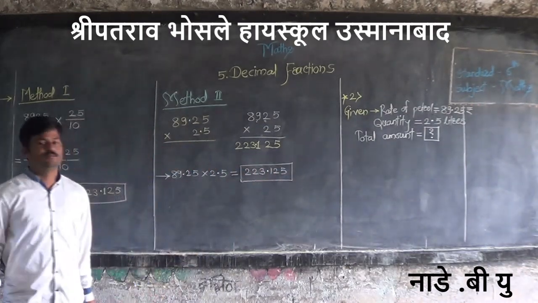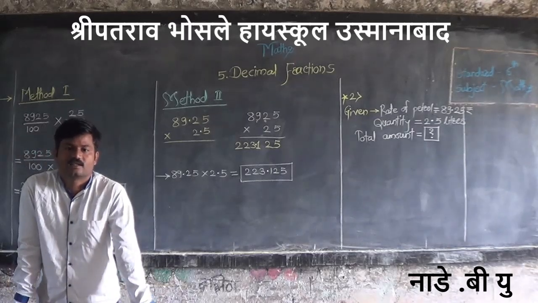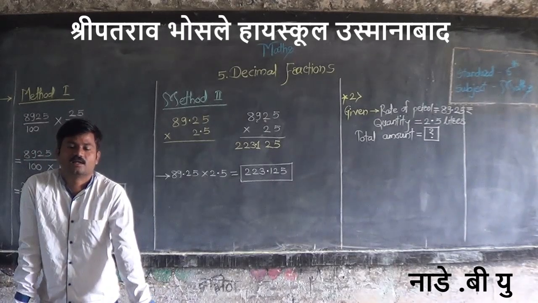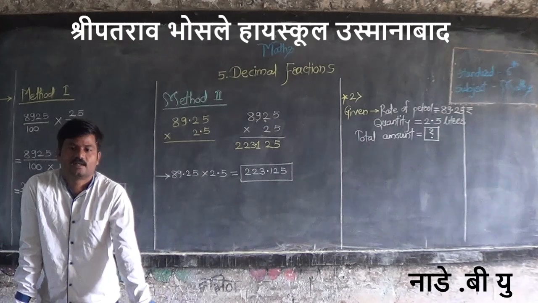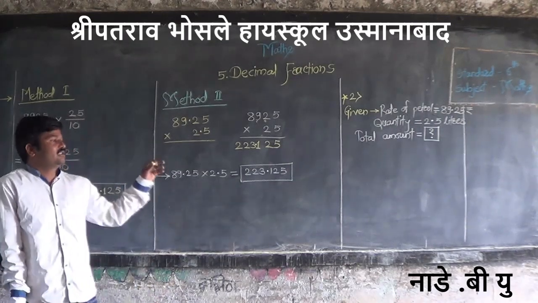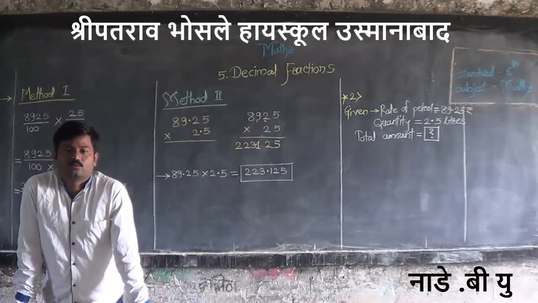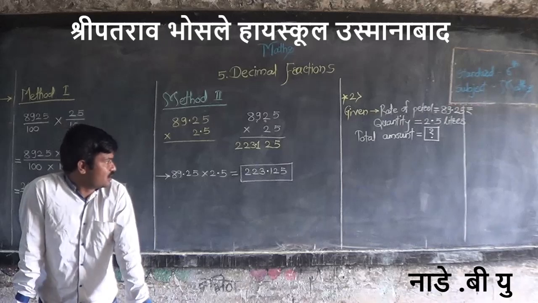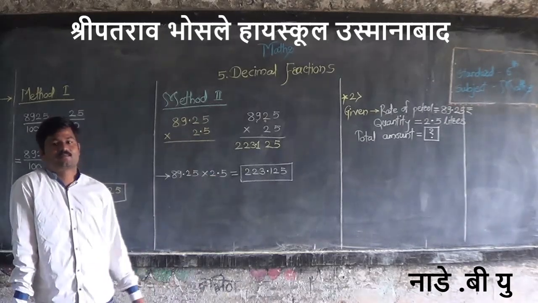Here, if it is rupees and paise, at that time write the number in a two places decimal fraction. Here, Seema paid this amount to the petrol pump owner. Thanks.